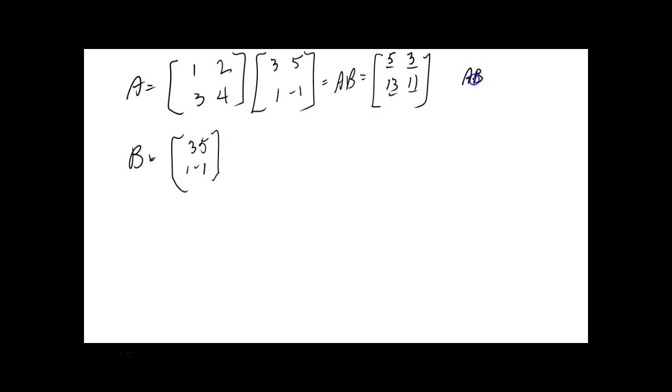So AB transpose would be what? It's also going to be a 2 by 2. Well, what will it be? That'll be 5, 13, 3, 11, right? Okay. So that's AB transpose.